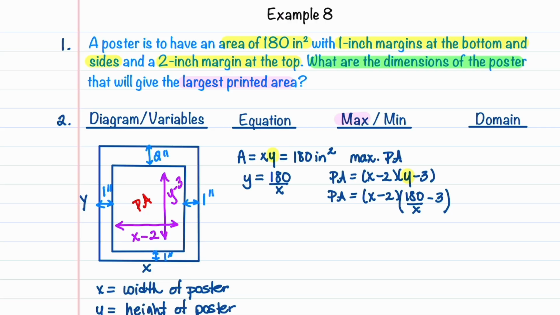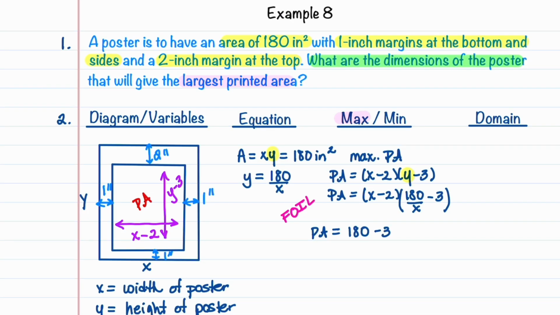So let's go ahead and use the FOIL method and multiply these two quantities. Our printed area, and let me write FOIL up here because that'll help us, FOIL. The first terms are x times 180 divided by x, so that's just 180. And then we're going to multiply the outer terms, and that gives us a minus 3x.